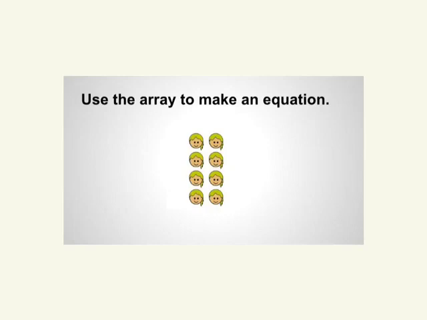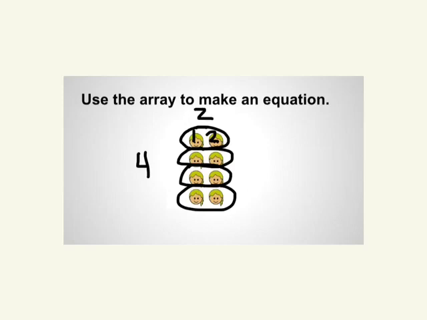All right, welcome back. Let's first take a look at the rows. I see that there is 1, 2, 3, 4 rows. Now I go up and look at each row, and I see that there is 1, 2 in each row.